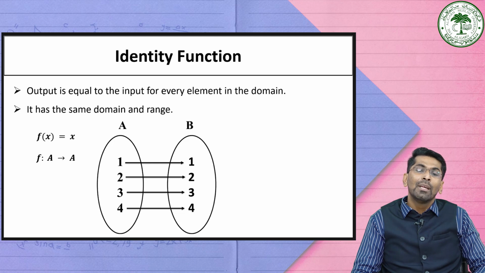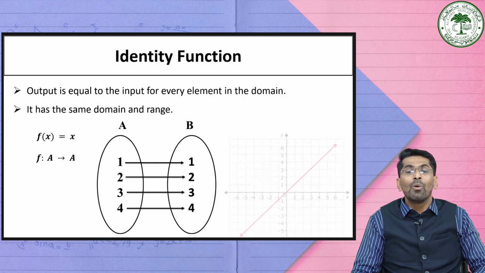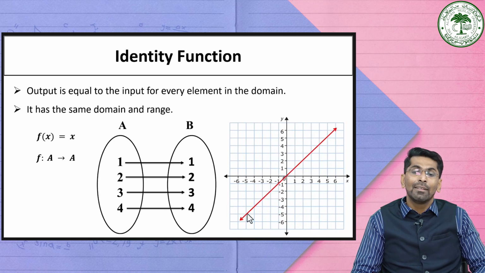If you go for graphing this type of identity function, it will look like a straight line that passes through the origin, with its slope considered as 1.